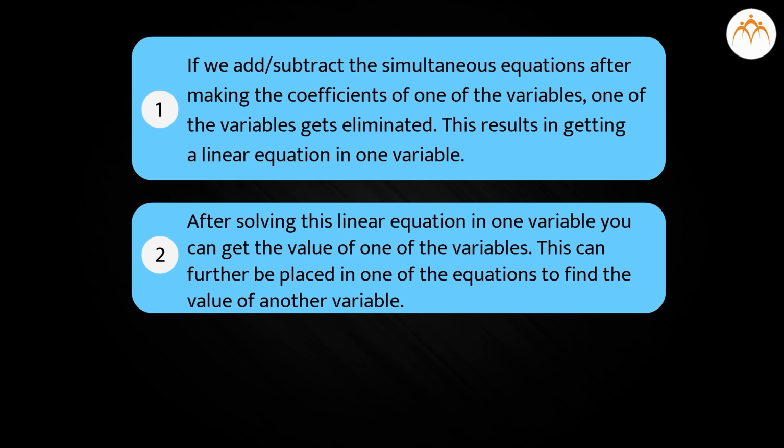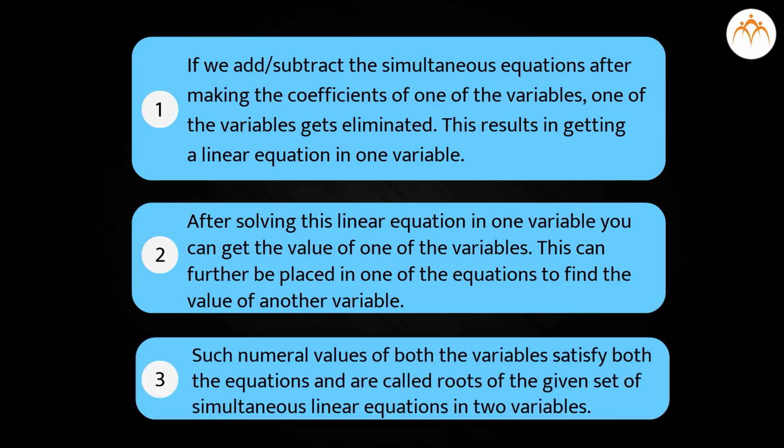This can further be placed in one of the equations to find the value of another variable. Such numeral values of both the variables satisfy both the equations and are called roots of the given set of simultaneous linear equations in two variables.